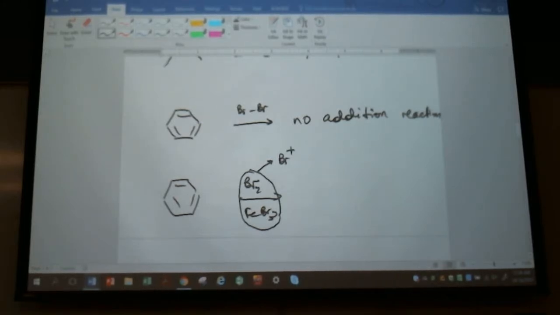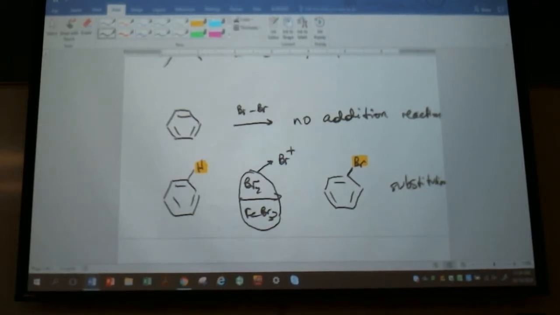But we're still not going to have an addition reaction. The reaction that we're going to have is going to be a substitution reaction, where instead of this hydrogen, at the end of the day, I end up with a bromine. We are substituting this hydrogen for a bromine.